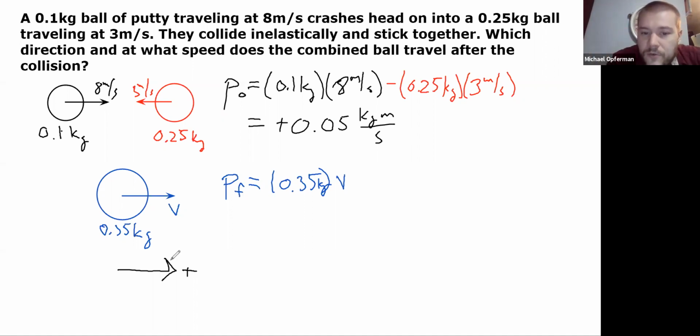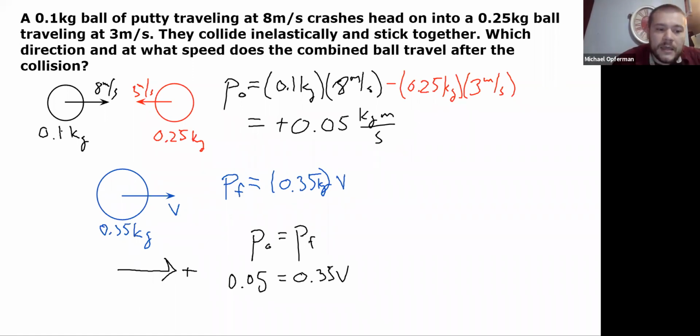The last thing I do is set the initial momentum equal to the final momentum. So the initial momentum is 0.05. The final momentum is 0.35 V.